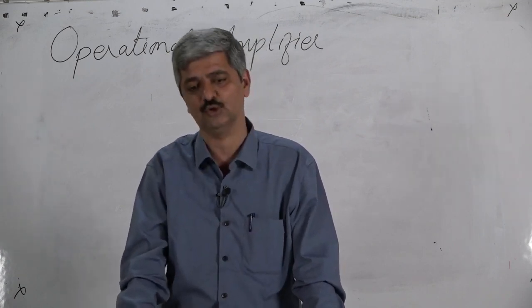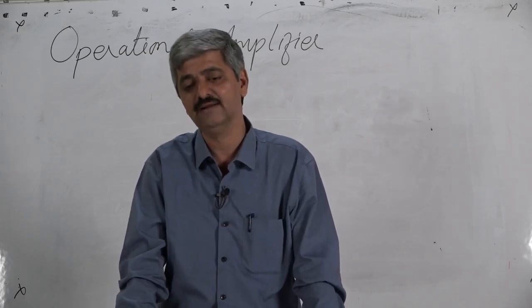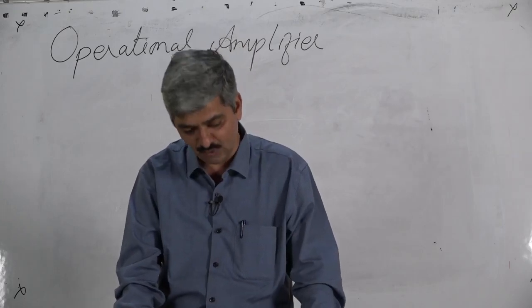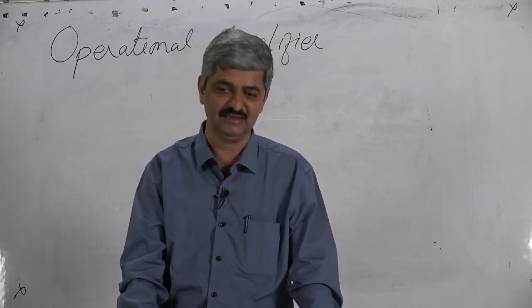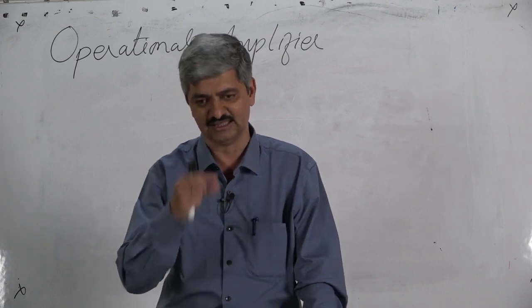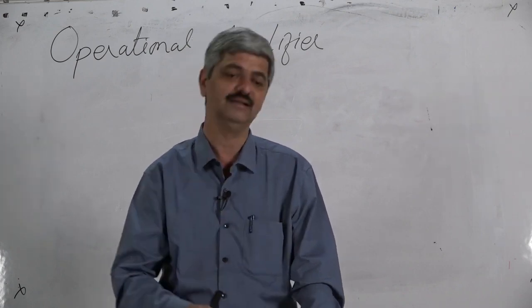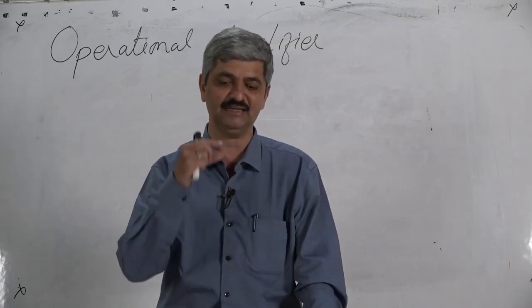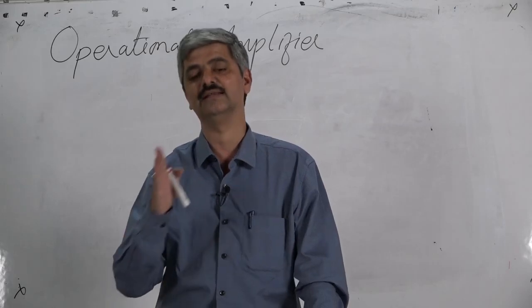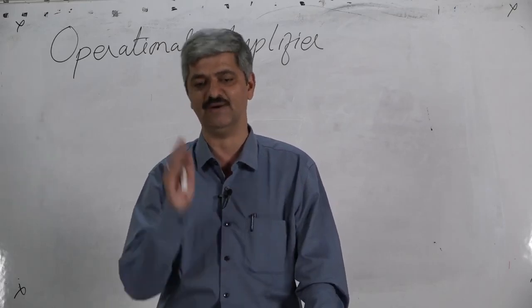But as there was growth in semiconductor technology, it happened that instead of requiring everybody to design the same thing, just like reinventing the wheel, a compact single chip solution was made available which contained multiple transistorized amplifier layers, that is called an operational amplifier.